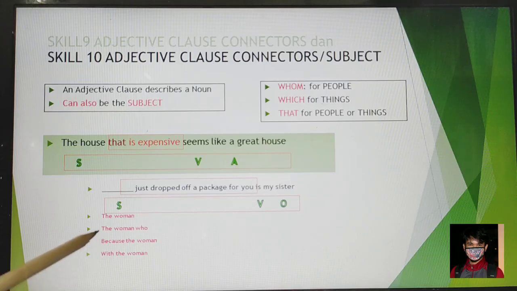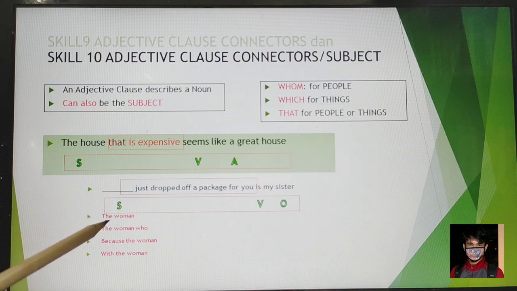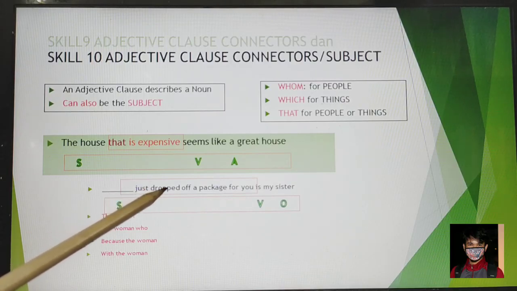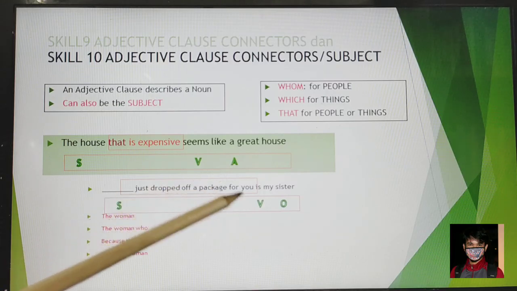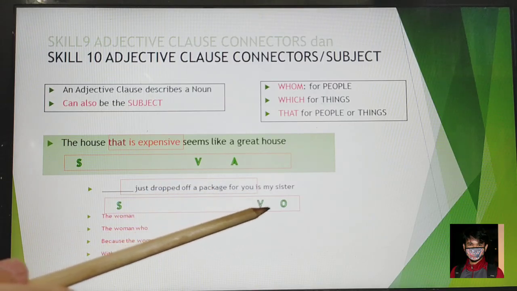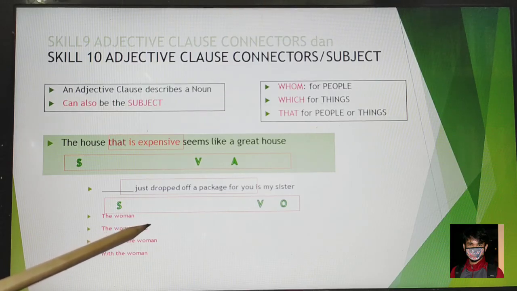You have only two options: the woman or the woman who. So the answer is: the woman who just dropped off the package for you is my sister. This is the subject, this is the verb is, and also the object. The answer is the woman who, because who relates to people.